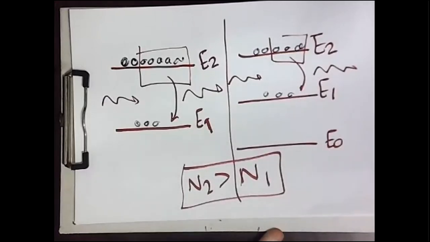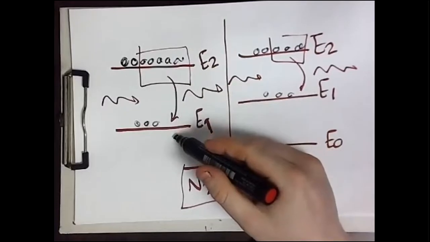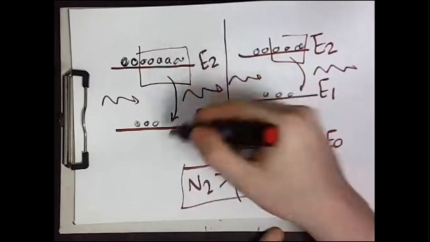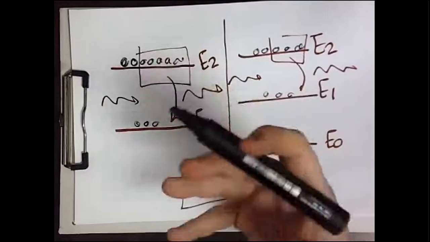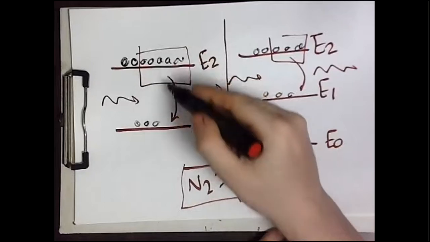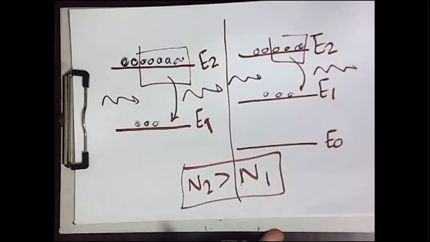Perfect. So the question is, once this process is done, that logically means that the population of N1 will be greater than N2, because simply a huge amount of the electrons in E2 go to E1 to produce stimulated emission photons. Then the laser condition will not hold. So it's an instantaneous laser.